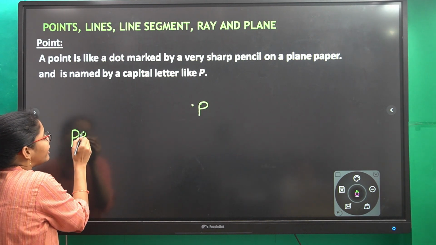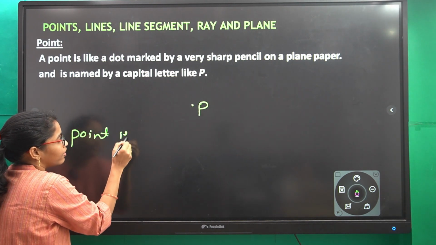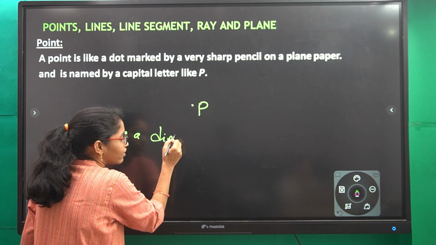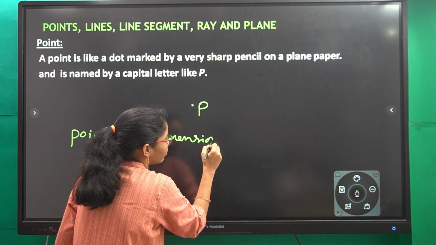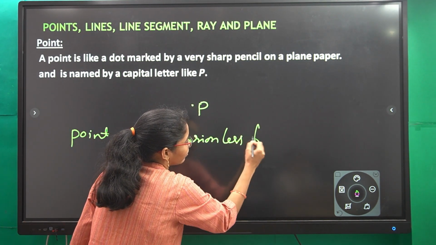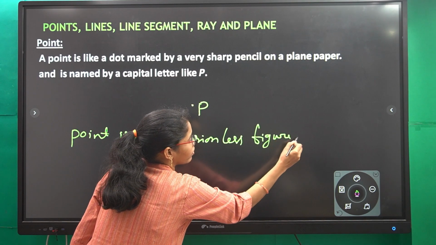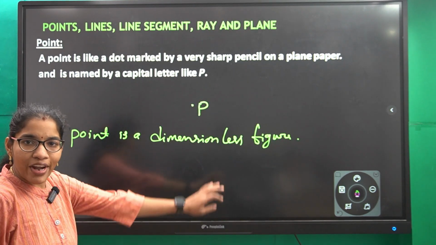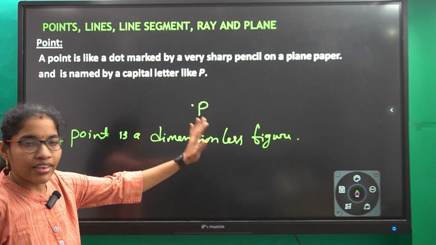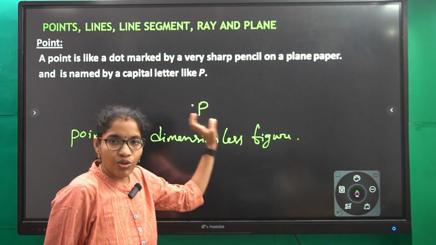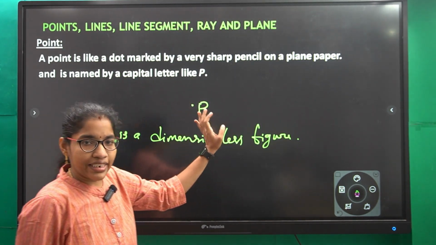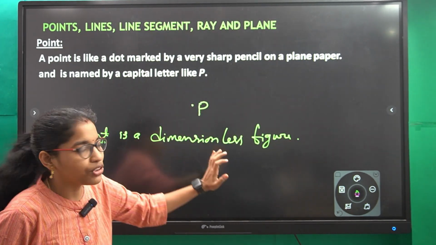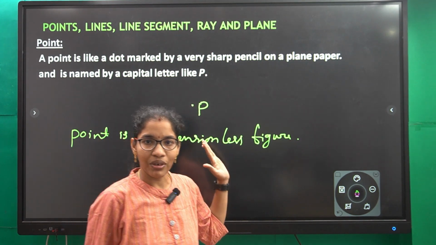Okay. Point is a dimensionless figure. It's nothing but the point doesn't have any dimensions. There is no length, there is no breadth, there is no thickness. That means the point is a dimensionless figure. Clear what is meant by point?